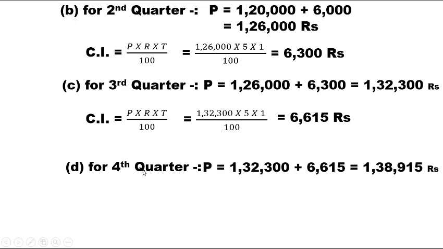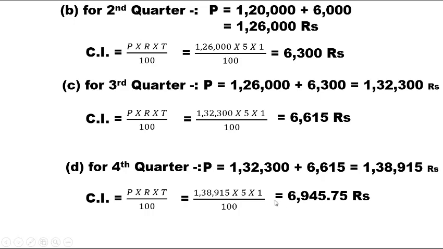For the fourth quarter, P is equal to 1,32,300 plus 6,615 is equal to 1,38,915 rupees. CI is equal to 1,38,915 into 5 into 1 divided by 100 is equal to 6,945 rupees and 75 paisa.